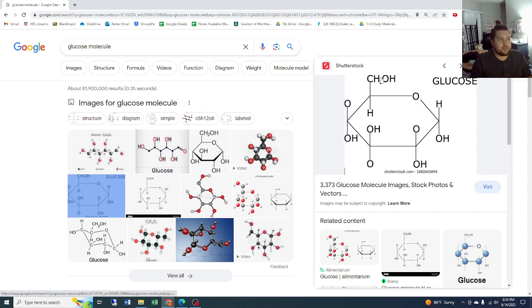So see each of these here, how they're slightly different. OH, OH, OH. Hydrogen on one side and OH on the other side. What this means is that, if I remember correctly, I think 1, 2, 3, 4, these 4 can have different arrangements.